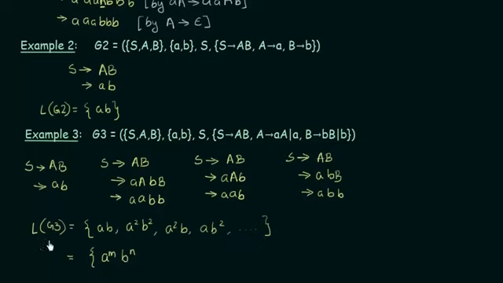So I'll say that the language generated by grammar G3 is the strings of the form A power M, B power N for all M greater than or equal to 0 and N greater than or equal to 0. So this is a generalized way in which we can write the language that is generated by the grammar G3. So these were some examples of language that can be derived from the given grammar.